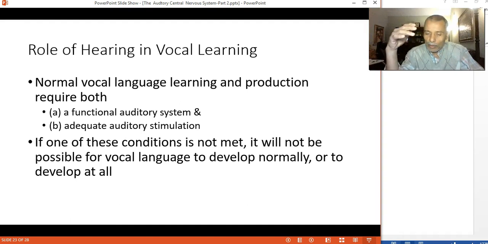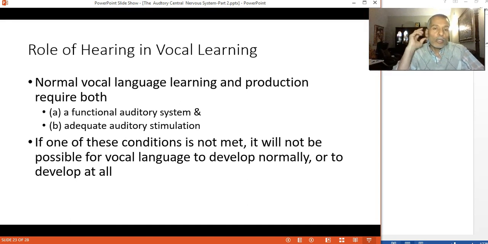For example, as I mentioned, a child who is 3 years old should have heard 43 million words. If they hear only half of that, then that is not going to enable them to function well, to develop well. So the two things are not either or, both have to be present at the same time. What happens if there is no functional auditory system?